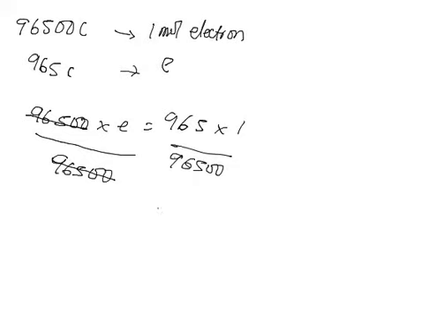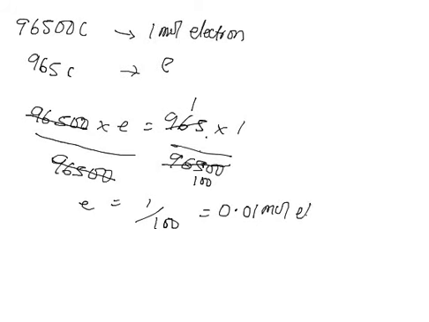So you cancel this and you're left with your E, which is equal to, you cancel 965 here, goes through 1 time, then here it will be 100 times. So you're left with 1 over 100. 1 divided by 100 will give you 0.01 mole electron.